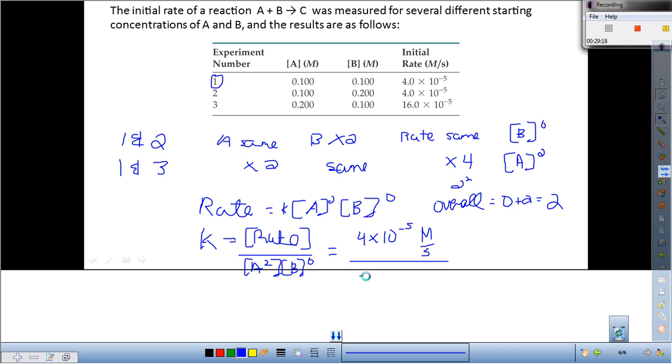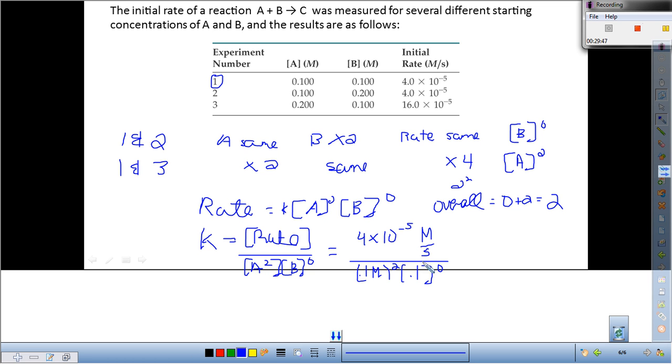It's 0.1 molar, and that is squared, because A was second order, and then it is 0.1 to the 0.